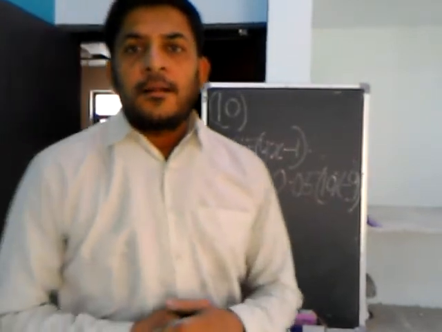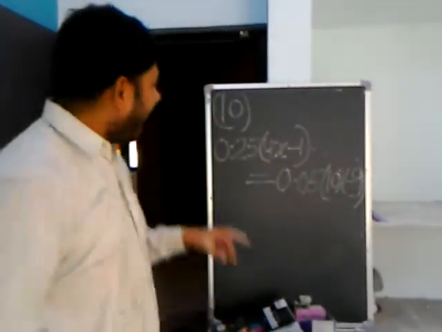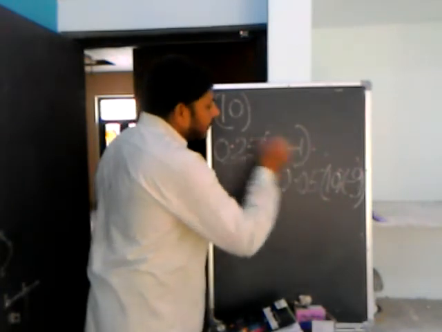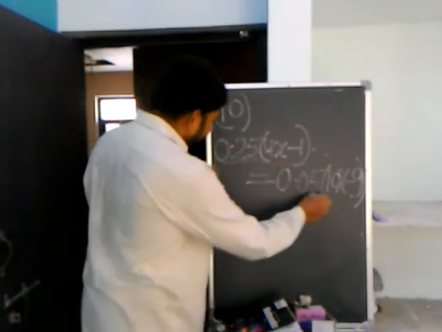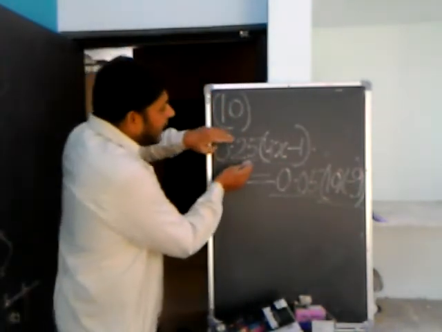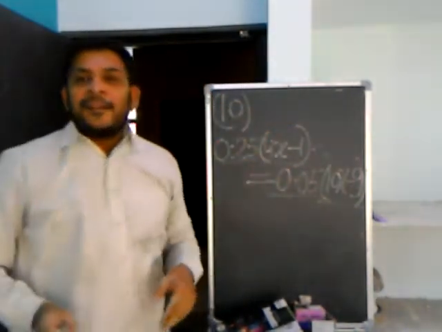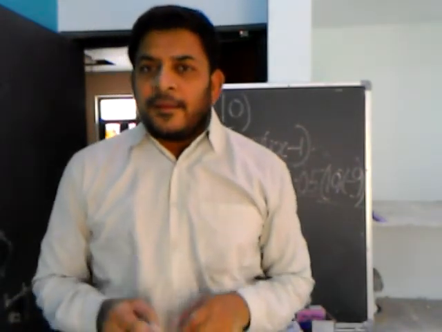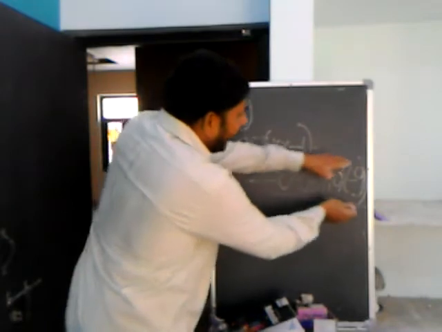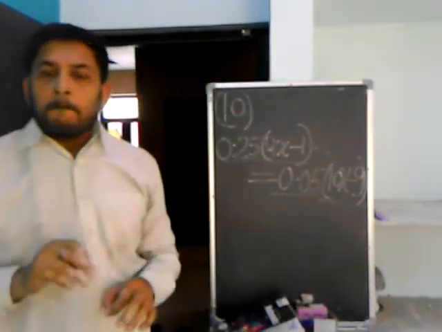Now we know that if we are not having any sign between any number and bracket, just like here and here, then it means that this part and this part are being multiplied.